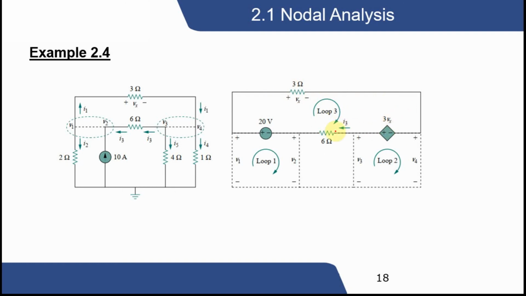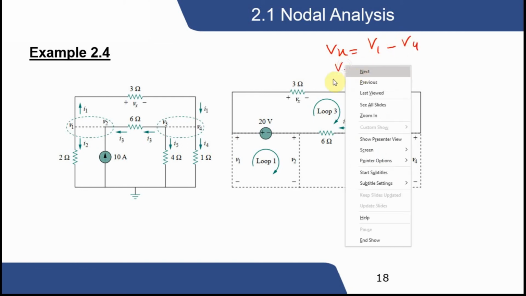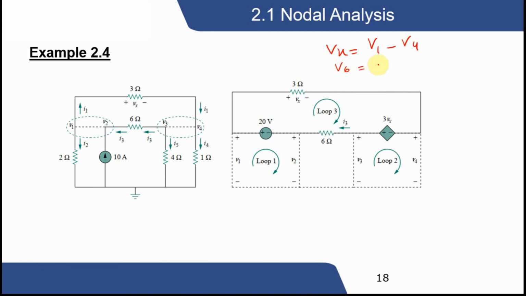And here the voltage across the 6 ohm resistor is V3 minus V2. And what is Vx? Vx is actually a current flowing from here, so Vx is equal to V1 minus V4, and the voltage across the 6 ohm resistor is equal to V2 minus V3.